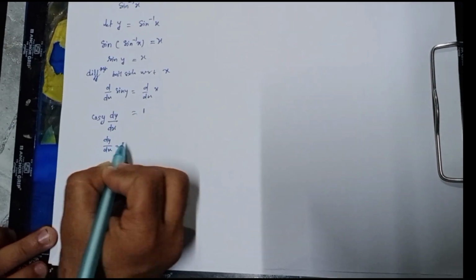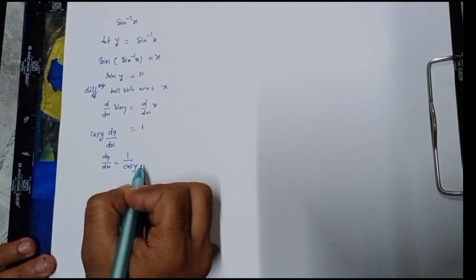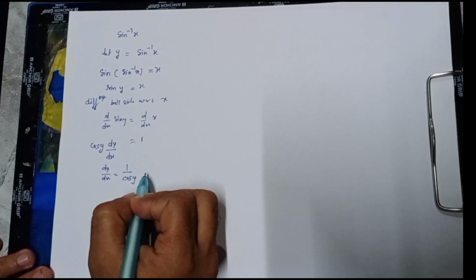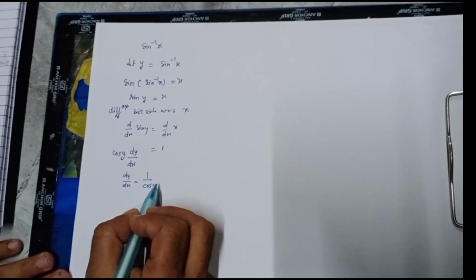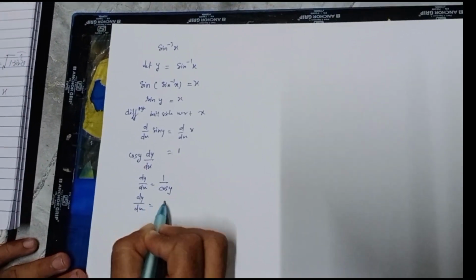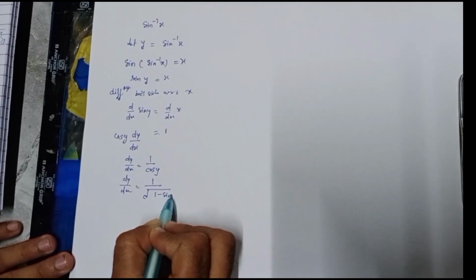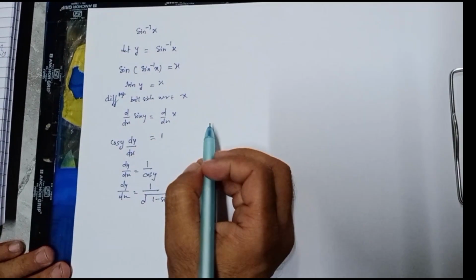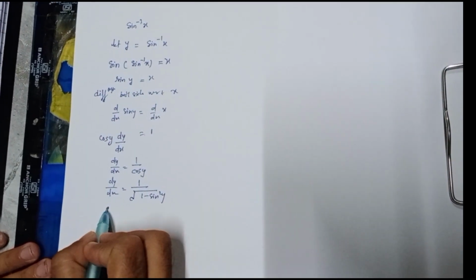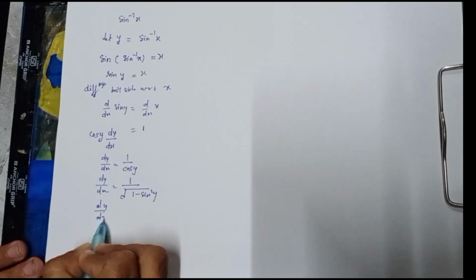And now dy by dx is equal to 1 upon cos y. So dy by dx is equal to 1 upon under root 1 minus sine square y, but sine y is equal to x, so sine square y is equal to x square. We'll change it.